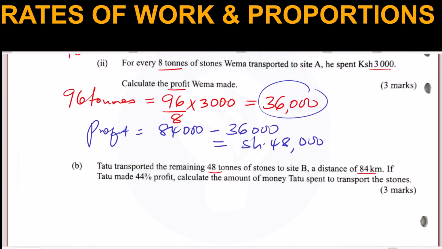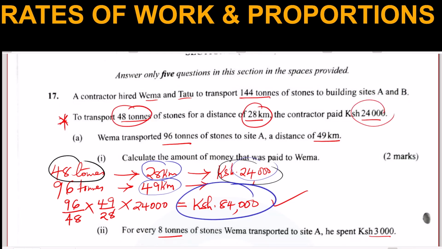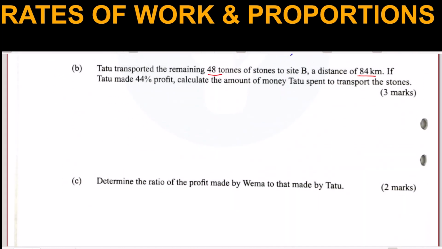Remember, the contractor pays at this rate: to transport 48 tons a distance of 28 kilometers, the contractor pays 24,000.